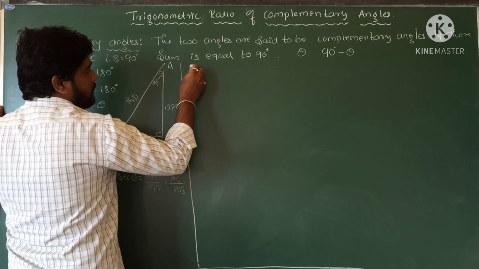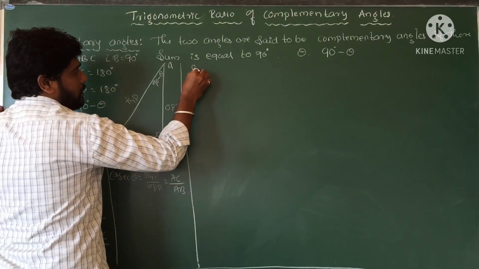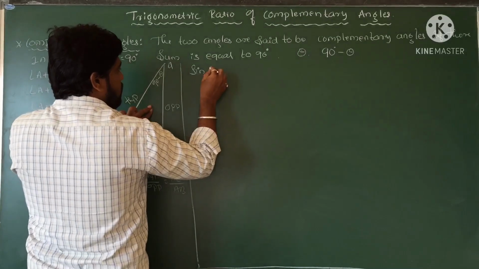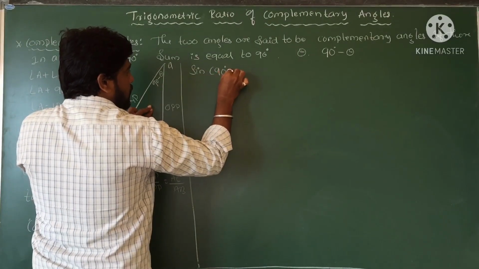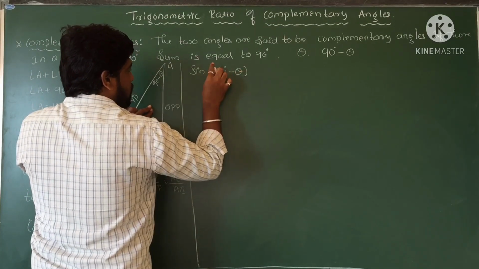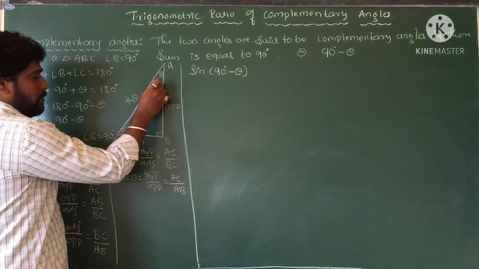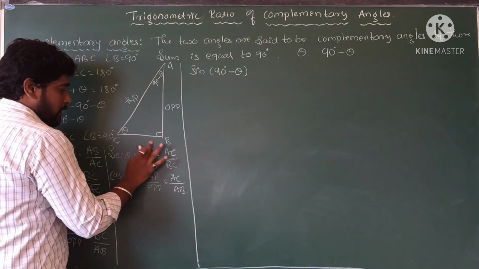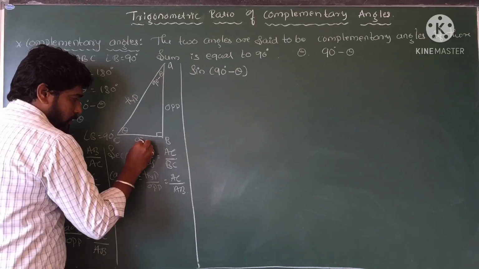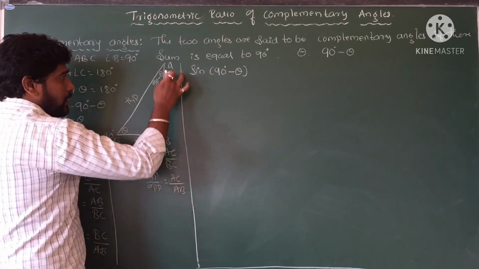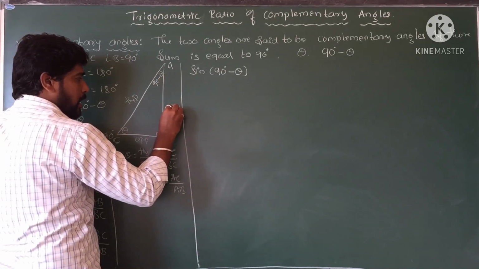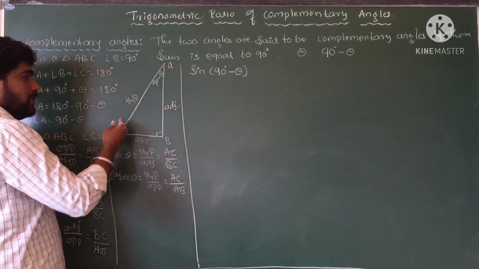Now I will consider 90 minus theta. Sin 90 minus theta. When we consider 90 minus theta, BC becomes the opposite and AB becomes the adjacent, and the hypotenuse is as it is.